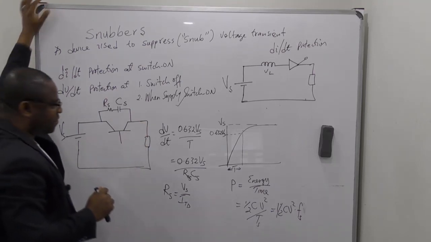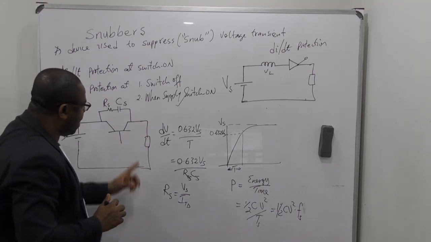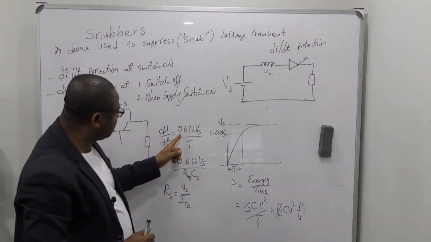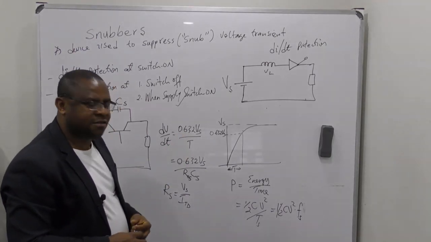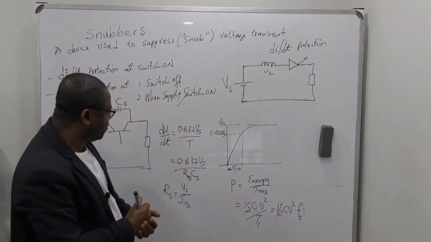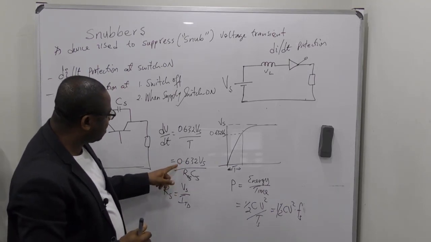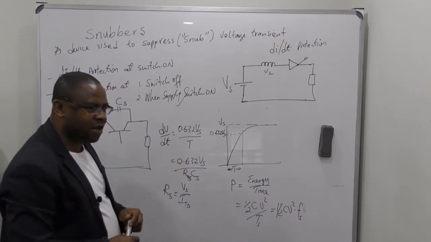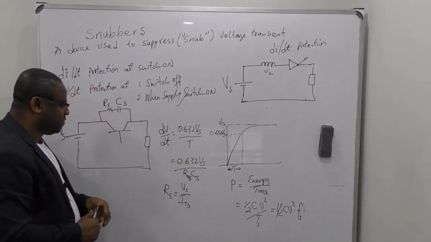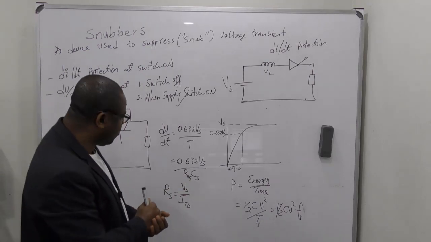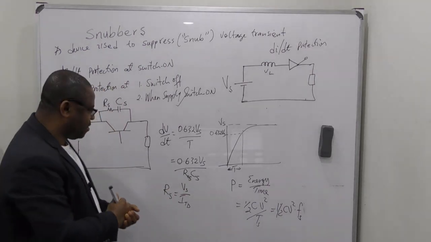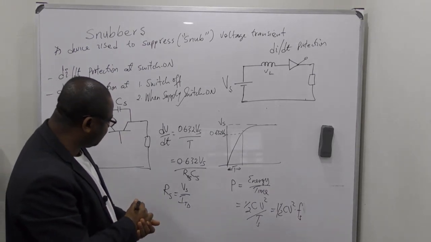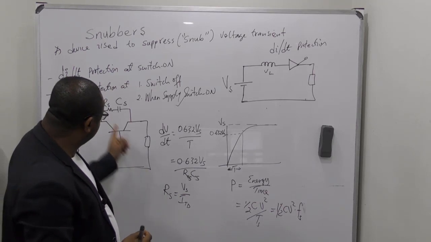So the dv/dt can be derived to be 0.632 Vs over tau, our time constant, which is the product of RsCs, the snubber resistance multiplied by the snubber capacitance.